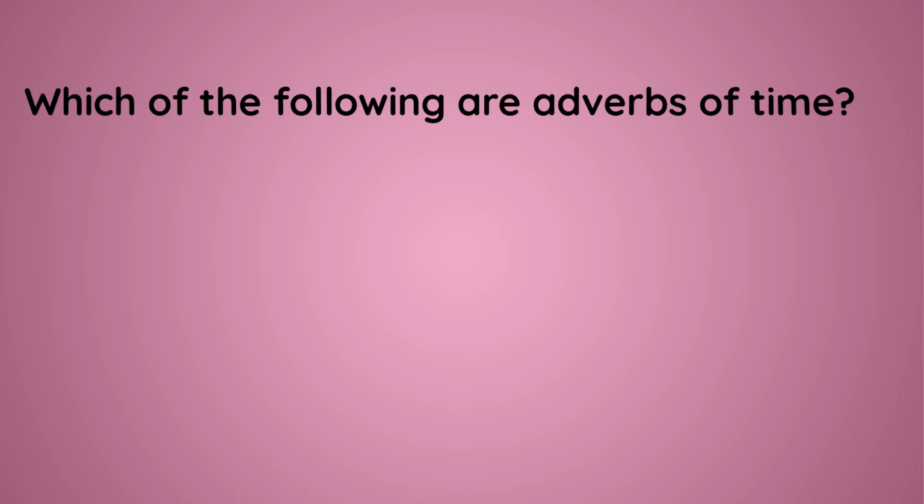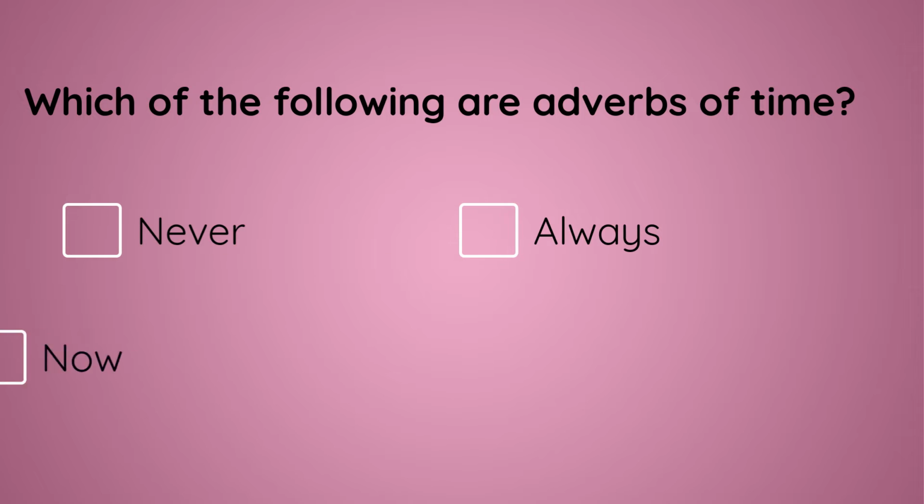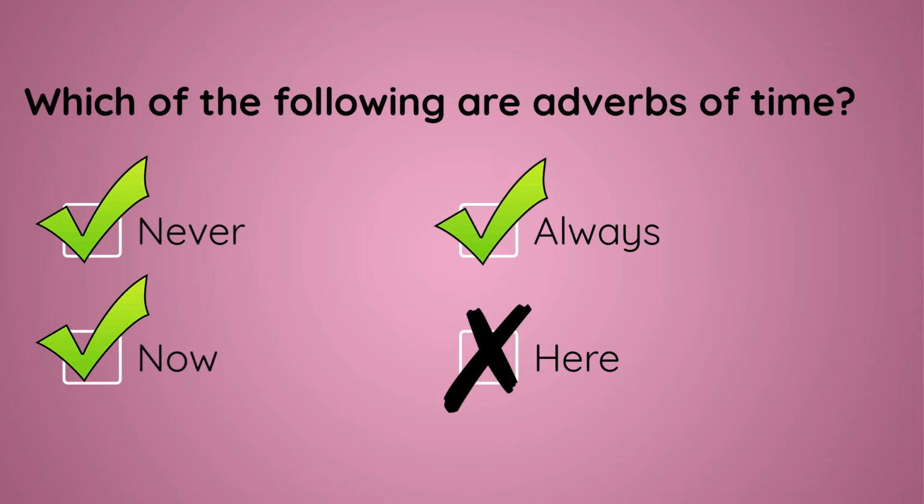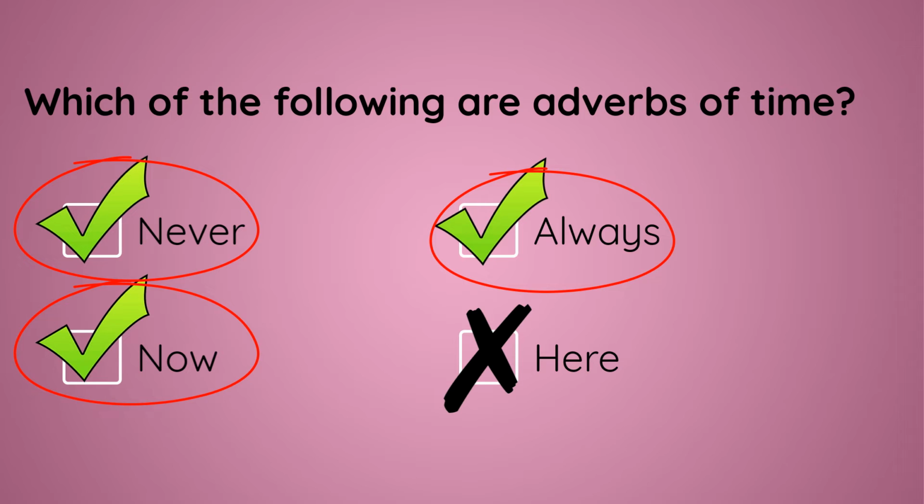Which of the following are adverbs of time? Never, always, now, here. As you see in the above questions, there is more than one correct answer. Therefore, we use "are" after "the following."